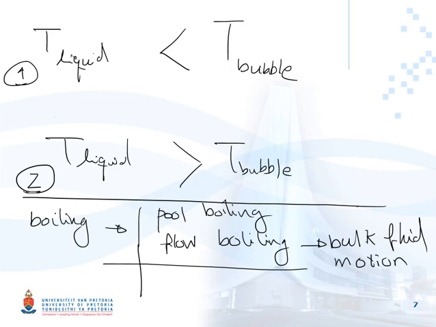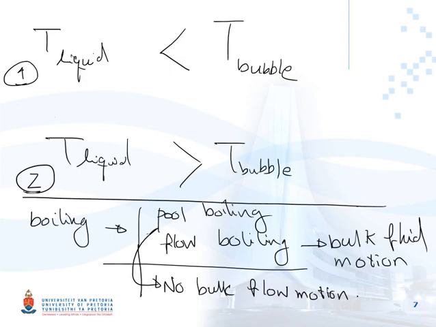But when there is no bulk flow motion, it's called pool boiling. In pool boiling, the fluid is stationary, and any motion of the fluid is due to natural convection currents and the motion of the bubbles under the influence of buoyancy.